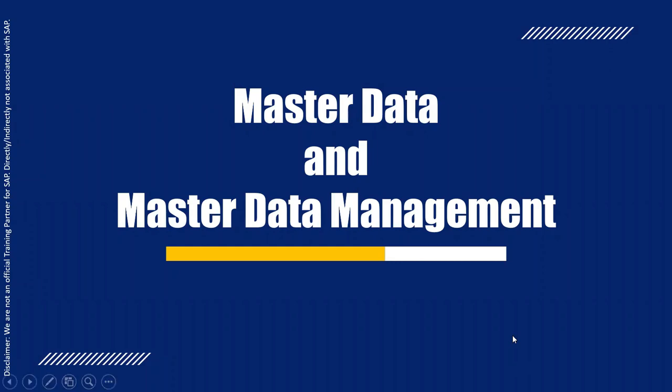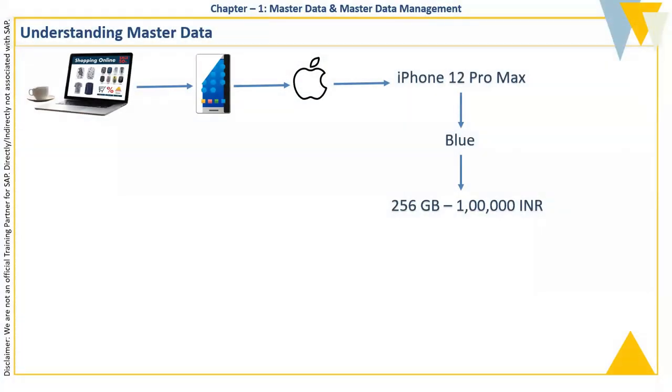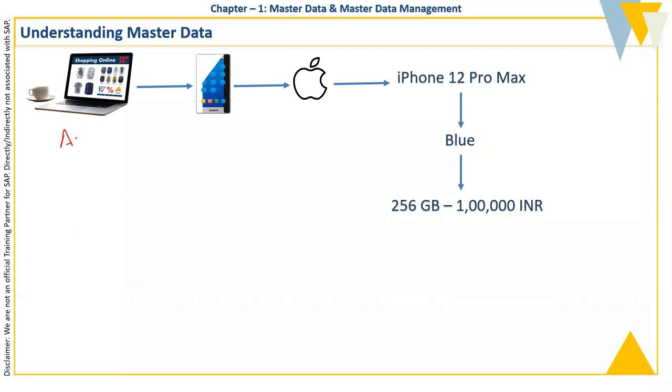For that, I'll take an e-commerce platform example. Let's take this mobile. It may be Amazon or whatever it might be. So let's say Amazon. They are selling so many products online. Out of that, I am taking one category, mobile phones.